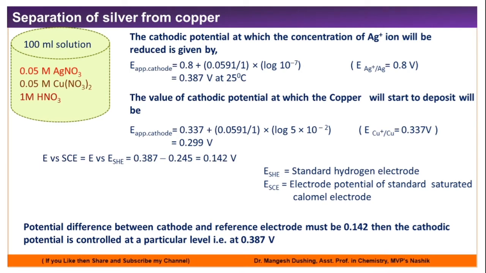If the applied cathodic potential is maintained at the value of 0.387 volt relative to the saturated calomel electrode, the required value of E versus saturated calomel electrode is around 0.142 volt.